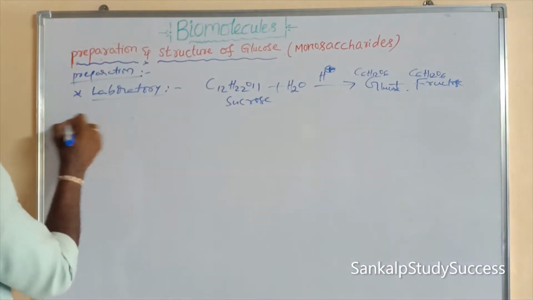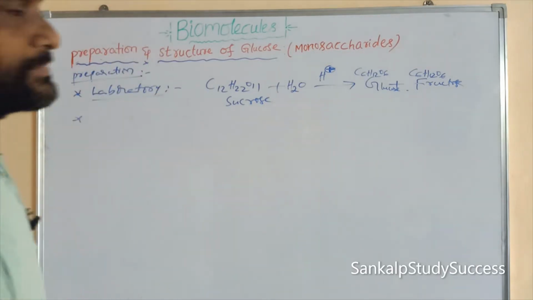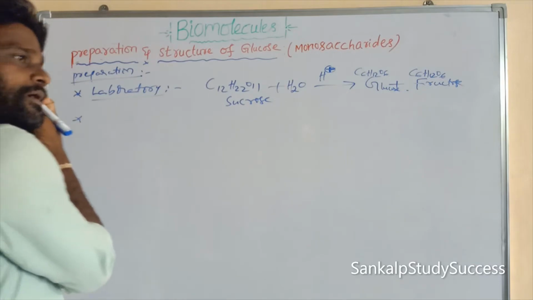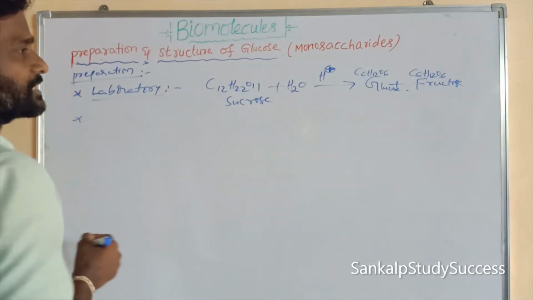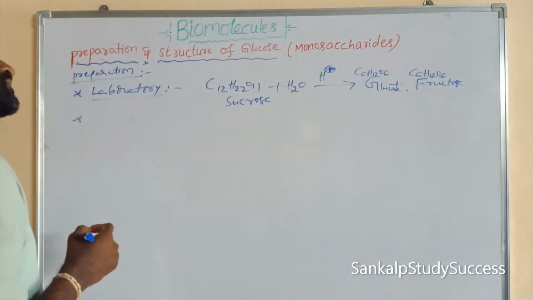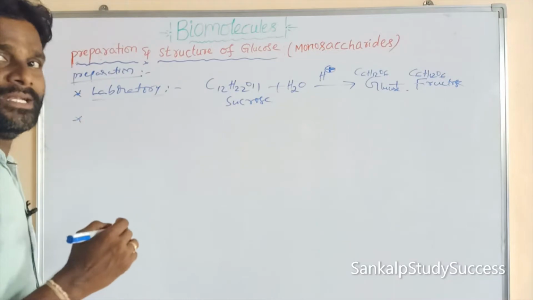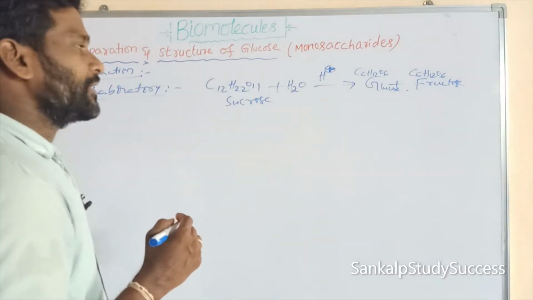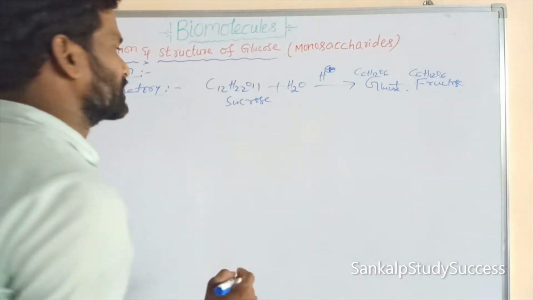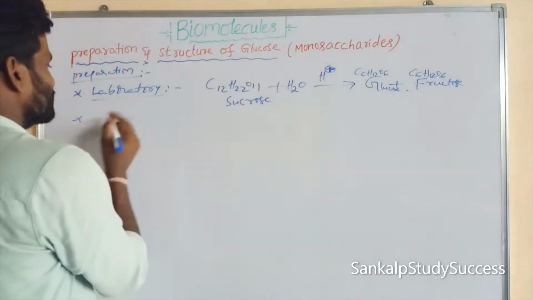In the second method, a large amount of glucose is prepared by hydrolysis of starch or cellulose with diluted H2SO4 or HCl at about 2 to 3 atmosphere pressure and 393 Kelvin temperature. So that is the commercial method.